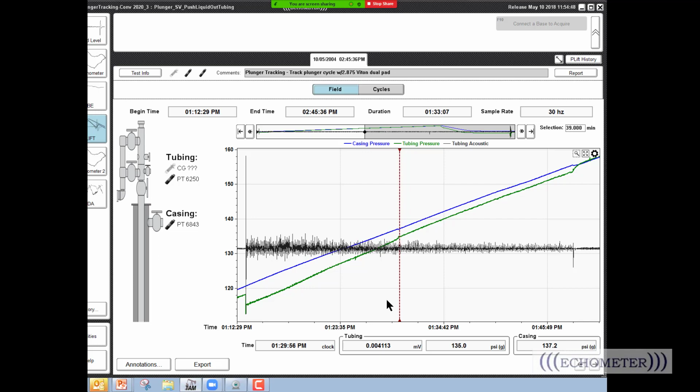And if the casing pressure doesn't change and the liquid level doesn't move, it's likely due to some kind of blockage. So the behavior of the liquid level and the behavior of the casing pressure often indicate a lack of the ability of the gas in the casing to communicate to the tubing. And so that would be a salt block in the casing above the end of the tubing.